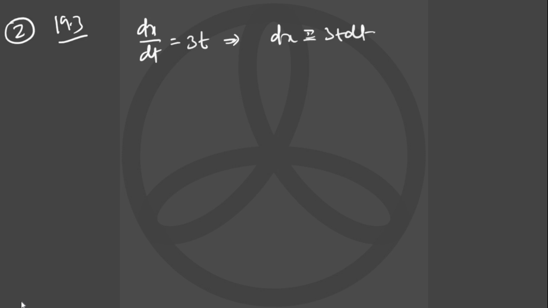Apply integration on both the sides to get x is equal to 3t square by 2 plus a constant of integration c. Now we have to find the constant c using the initial condition, which is given as x(0) is equal to 1. And this says that the value of x is equal to 1 when the value of t is equal to 0.